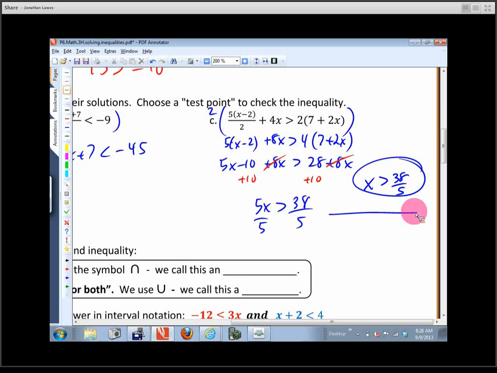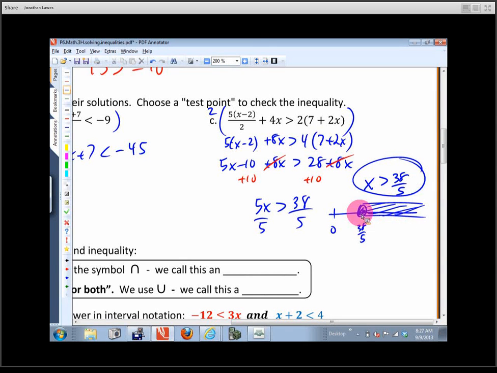Now, if we were going to graph this, we'd need to think, let's see, 5 goes in there 7 and a little bit more. Okay, so if 0's here, this would be 38 fifths right here. Circle it. Do I fill it in? Don't fill it in. Shade right or left? Yep, read from the variable. X is greater than that number, so we're shading on this side right here.